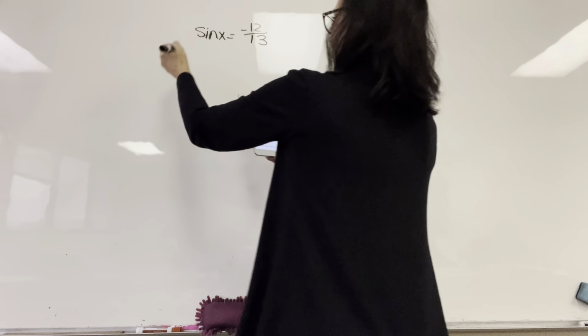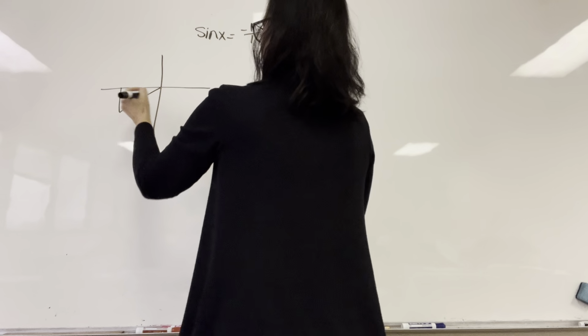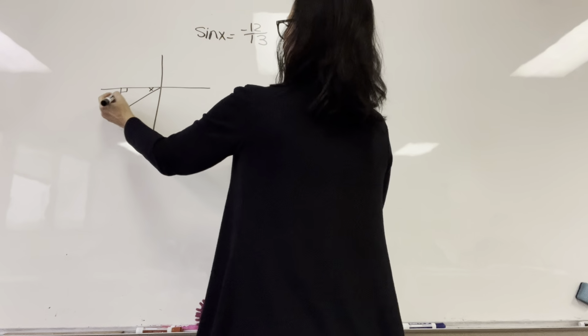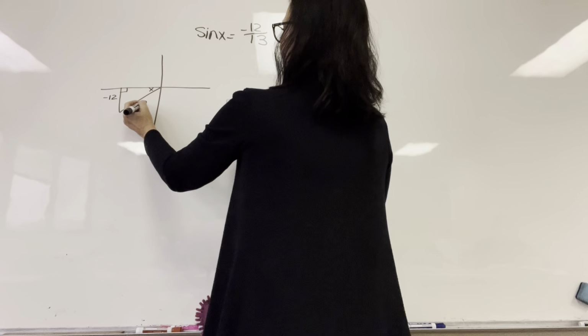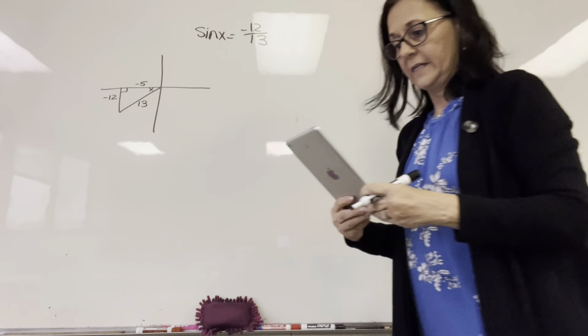What quadrant am I in? Third quadrant. I'm in the third, so I'm drawing my triangle. Here's my x, so it's opposite over hypotenuse, and this is negative 5 because it's a 5, 12, 13.